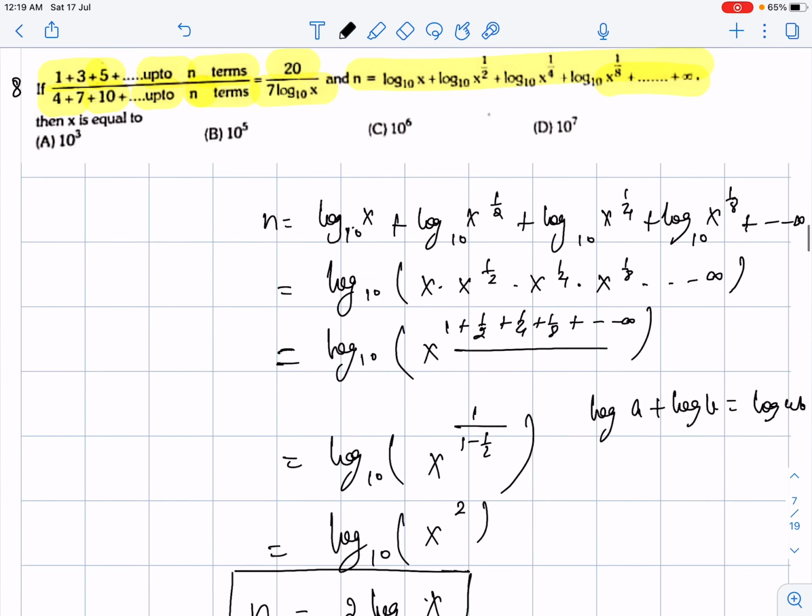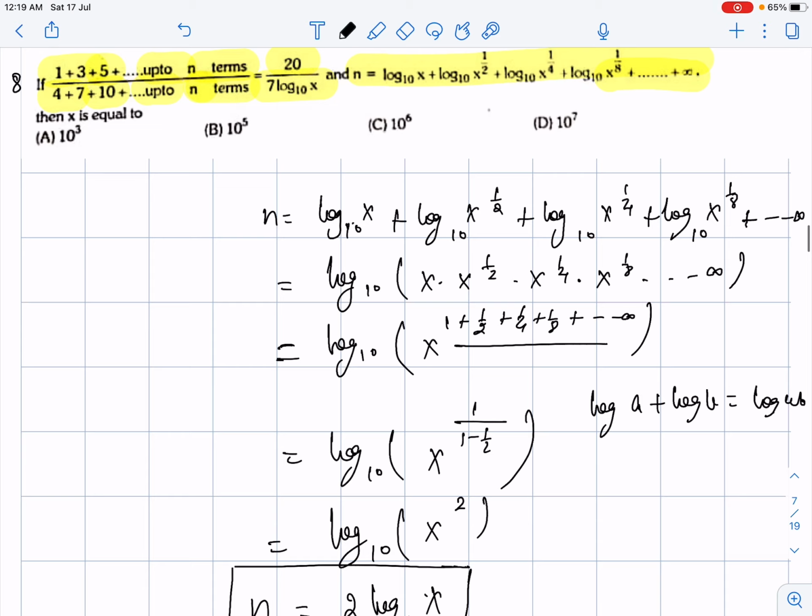Now what do we know? The value of x is asked of us. The sum of n terms of an AP, can you see it's an arithmetic progression, the difference between these two terms is 2, then again 2. The second is also an arithmetic progression, the difference between them is 3.